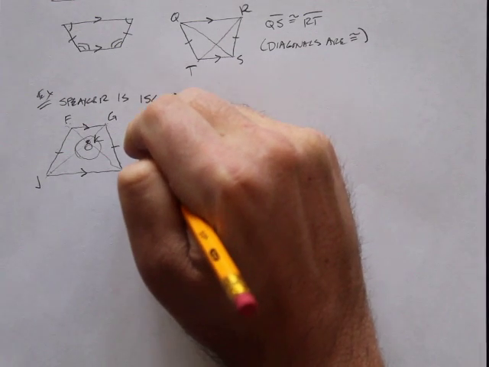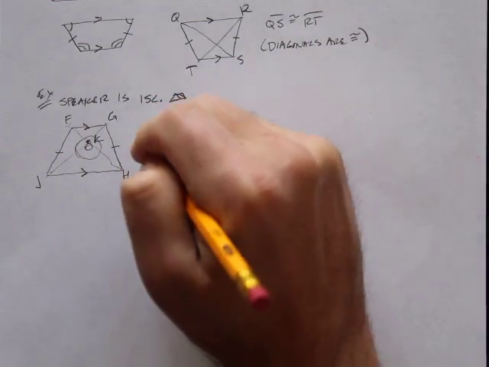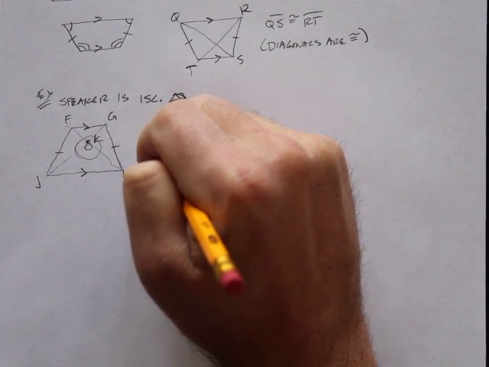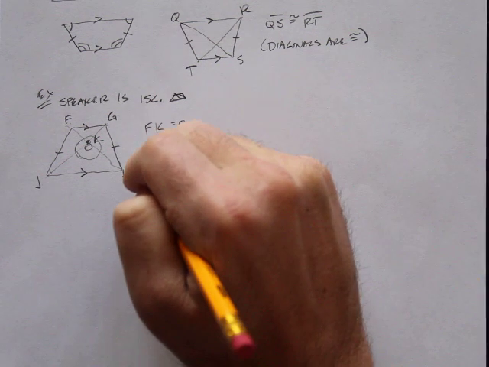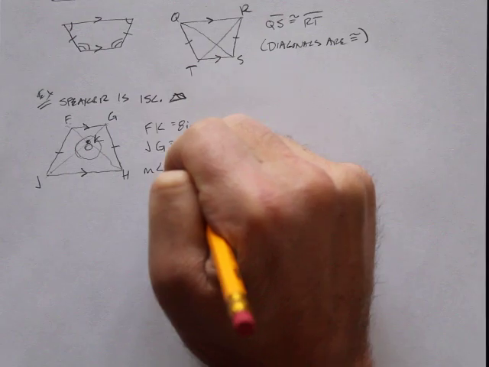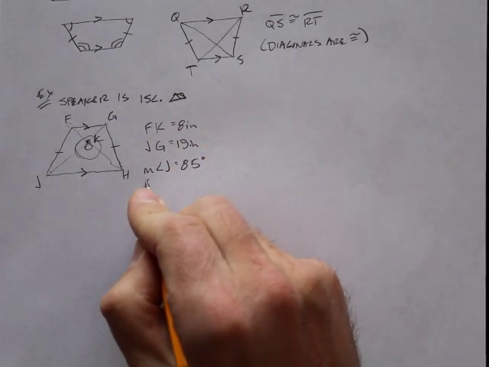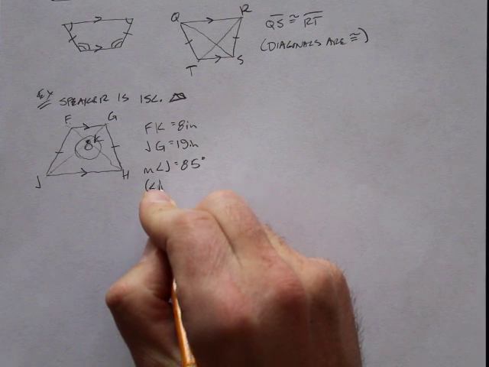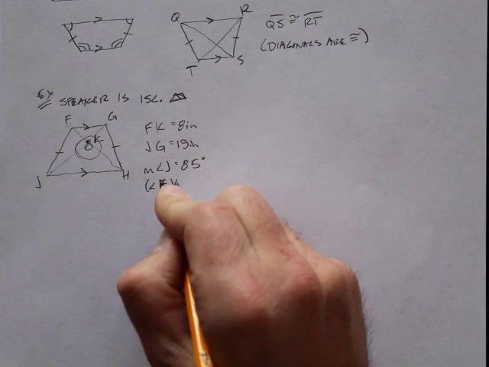FK is 8 inches. JG is 19 inches. Measure of angle J is 85 degrees. Now, when I say measure of angle J, I really mean angle FJH.